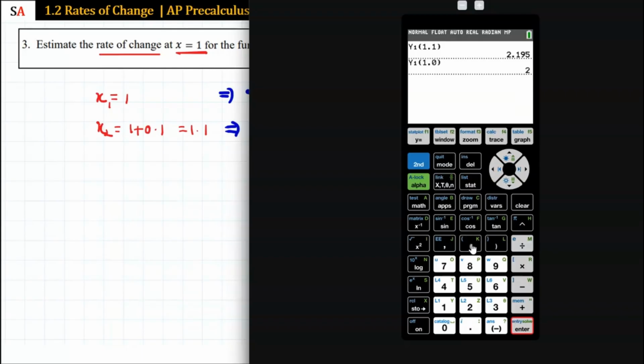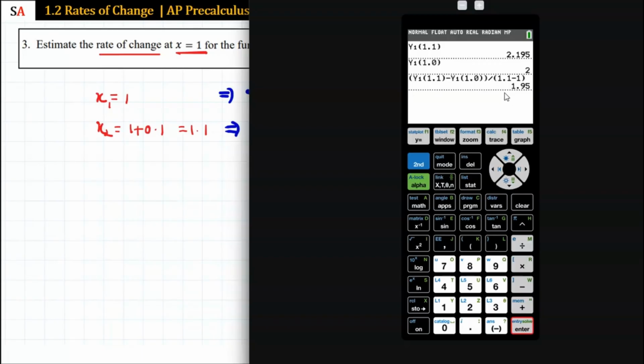Now we have to find the difference, that is, y2 minus y1 over x2 minus x1. This is y2, and this is y1, over x2 minus x1, where x2 is 1.1 minus x1, which is 1.